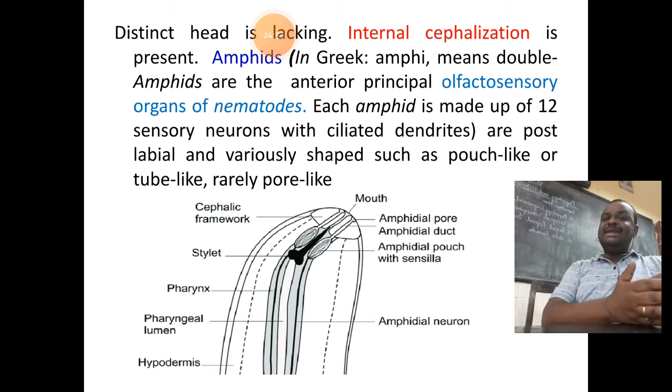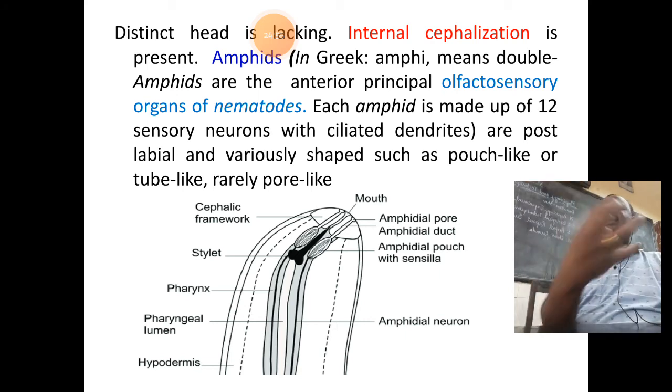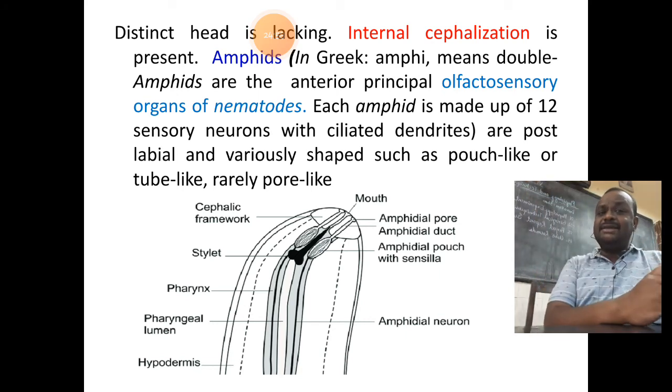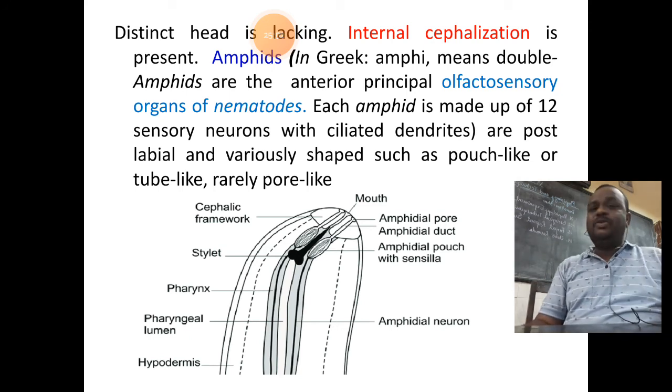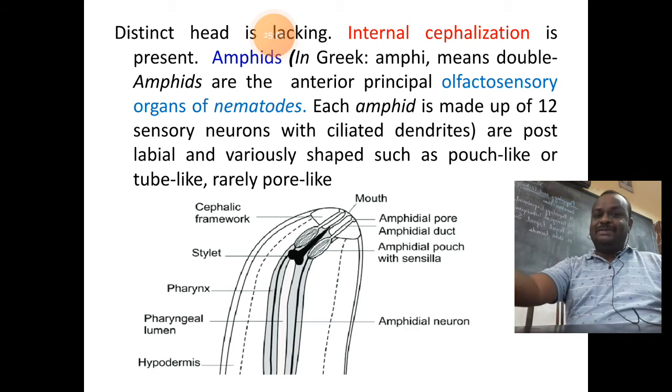Similarly, towards the posterior side also sometimes these sensory organs are seen. They are called phasmids. So, we have amphids and phasmids. Amphids are seen towards the anterior end, phasmids are seen towards the posterior end.